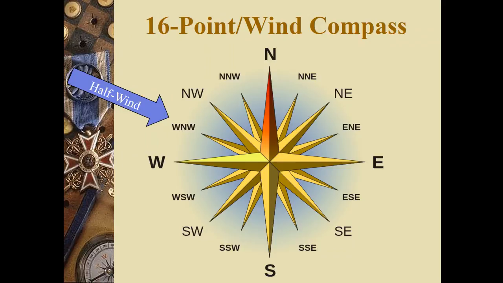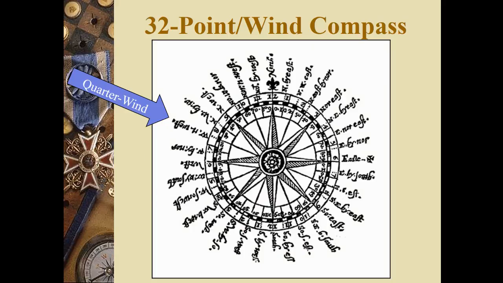I asked the kids, okay, why do you think they're called winds? Who would be using directions like this 500 years ago? And it would be ships, right? Sailors and explorers. And how do they power their ships? Well, the wind, okay? So, pretty simple.